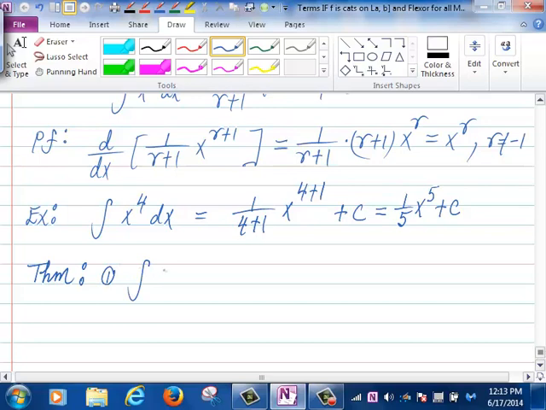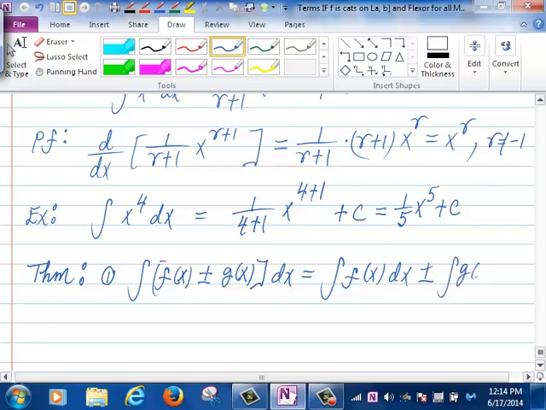If I take the indefinite integral of f of x plus or minus g of x, so I'm taking the antiderivative of a sum of functions, then I can take the indefinite integral term by term. Like this.